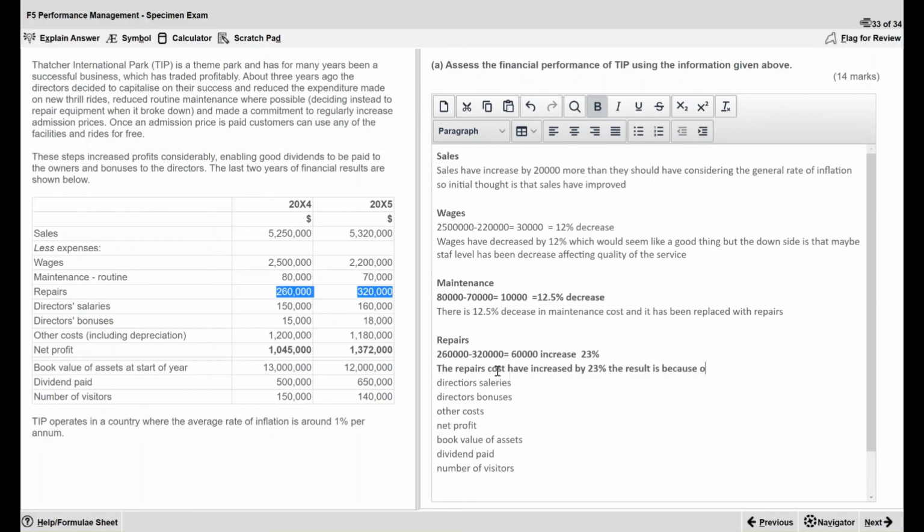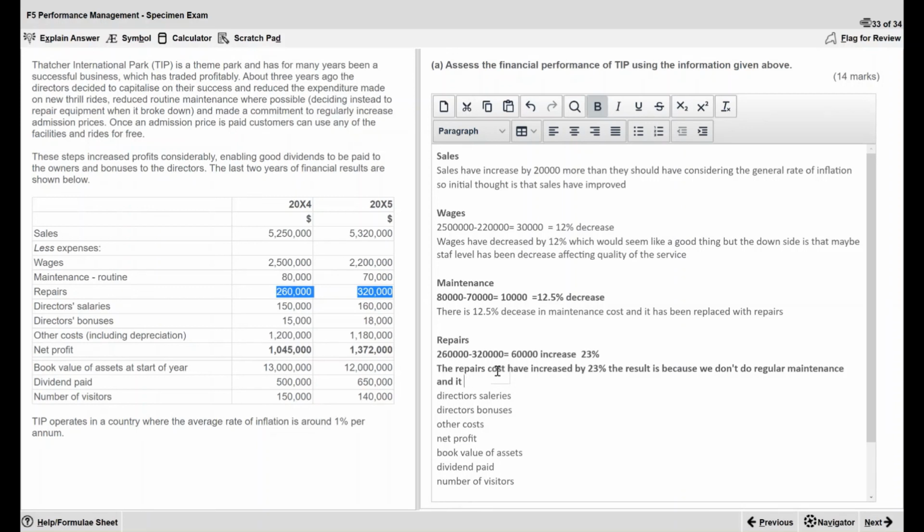The result is because we don't do regular maintenance. The cost, and it hasn't saved us.